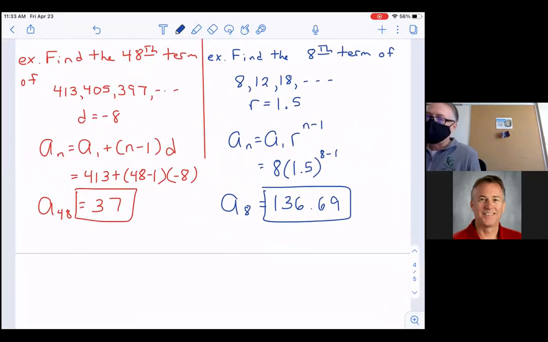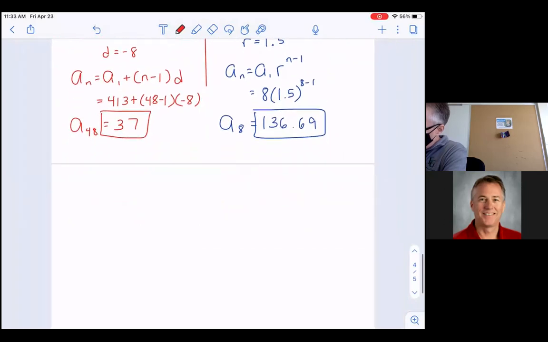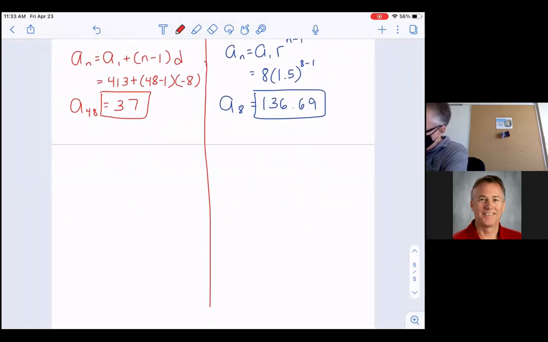All right, so let me come up with another string here. I'm going to extend my red line for our notes.